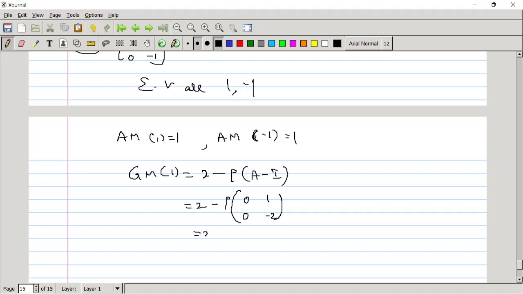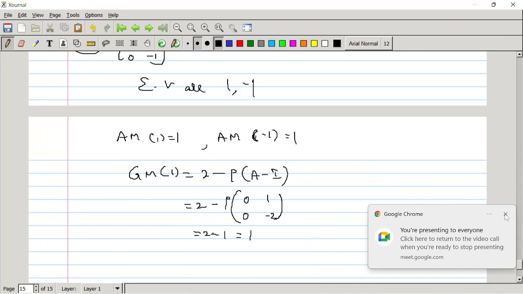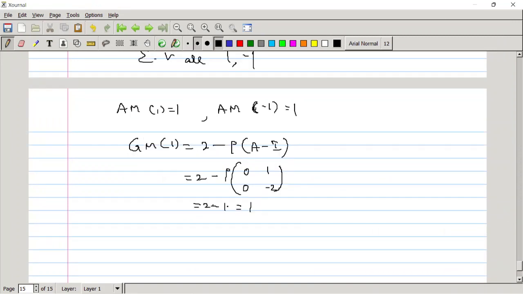We are getting 2 minus 1. The rank is 1. Yes, the rank of the matrix is 1. Here the rank is 1 because the determinant is 0, so we have one non-zero submatrix.